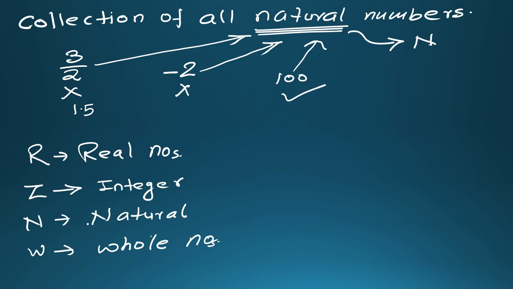Now let's talk about the representation of sets. How do we write a set? How do we represent a set? Any set is represented by any capital letter, say for example A, B, C or X, Y, Z, anything.